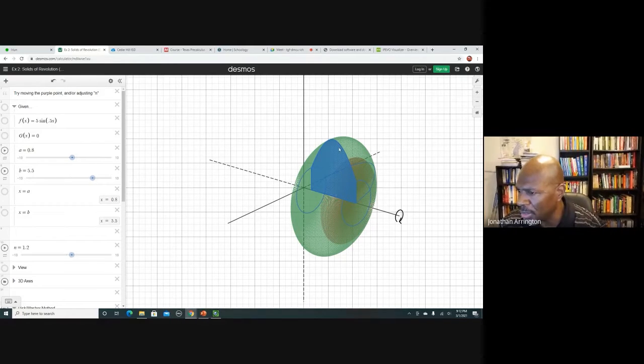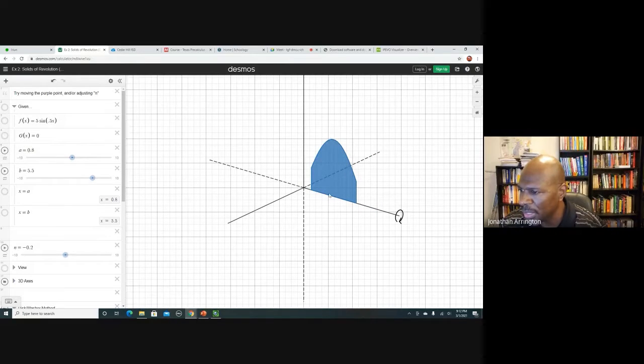As for r, let me go back to 2D for a second: the radius is simply the distance from the end of the function to the x-axis, which is simply the value of the function at each given point. That's why in the formula we have f of x being squared, because f of x represents the radius.